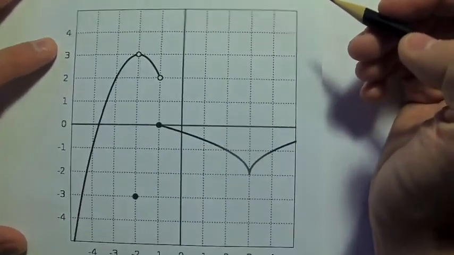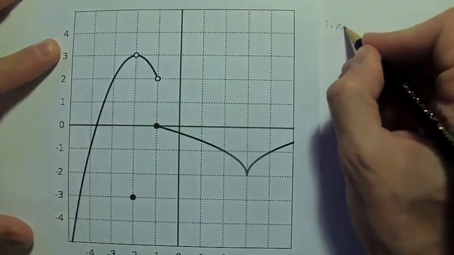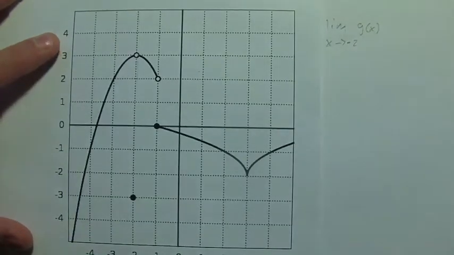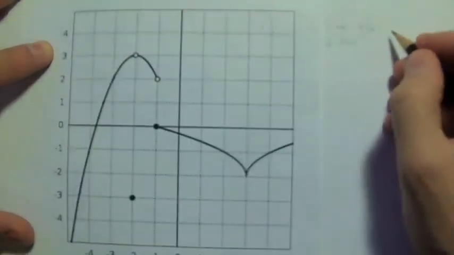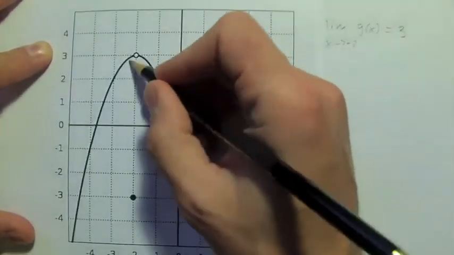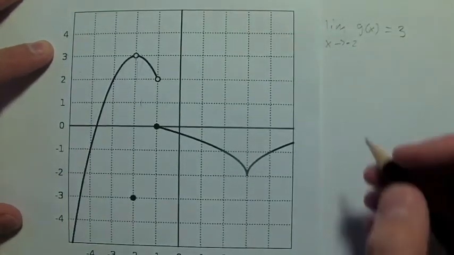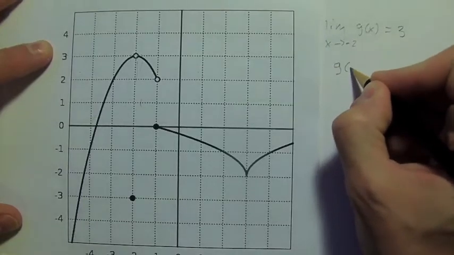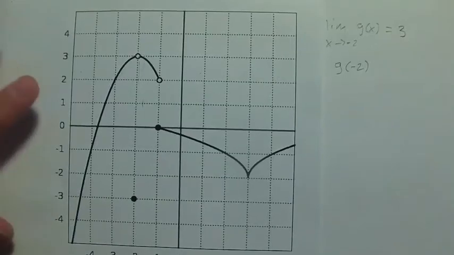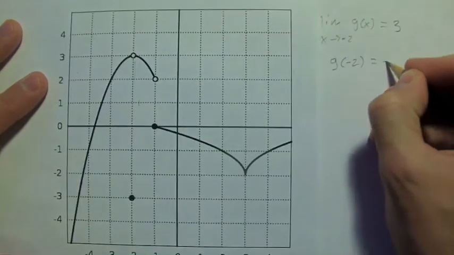We'll call this function g. So what's the limit as x goes to -2 of g? We've had enough practice with that now that you probably see that that is actually 3. The limit is 3 because that's what the function's getting closer and closer to as x gets closer and closer to -2. But what is g of -2? When x actually equals -2, we go to where the closed dot is, and that's down here at -3.